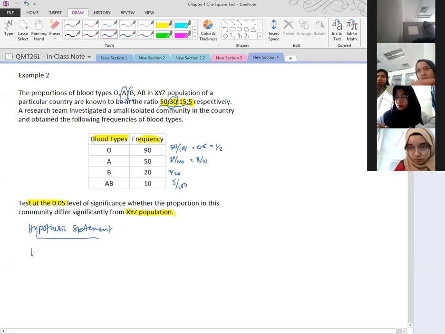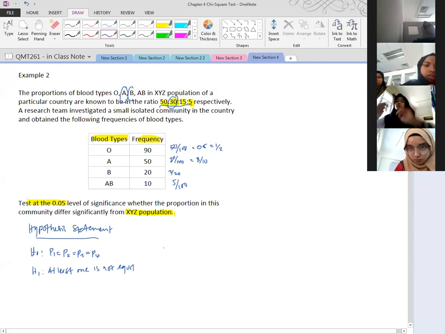So now the null hypothesis, right? It should be that the proportions are equal, or we can put P1 equal to P2 equal to P3 equal to P4, and the alternative hypothesis is that at least one is not equal.